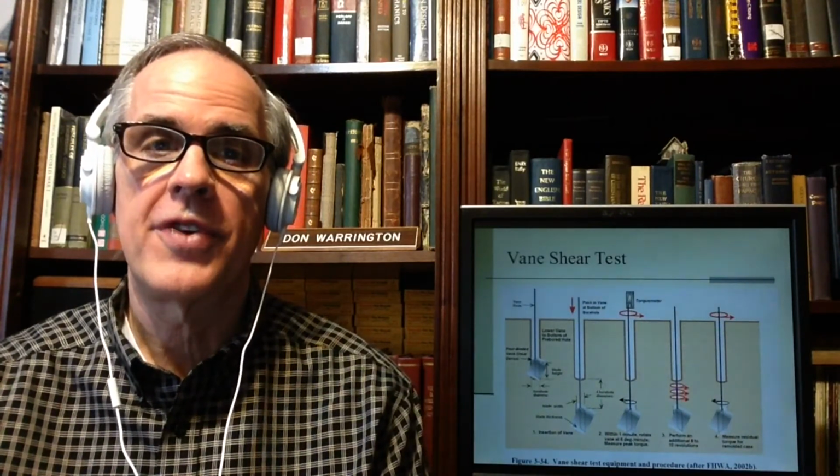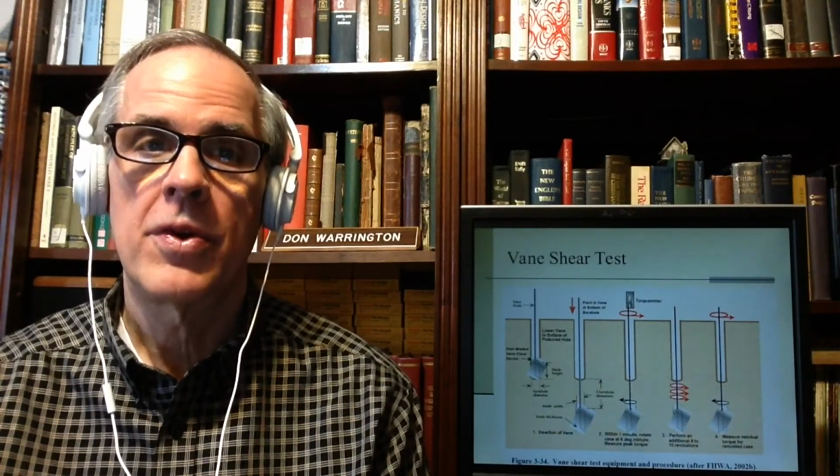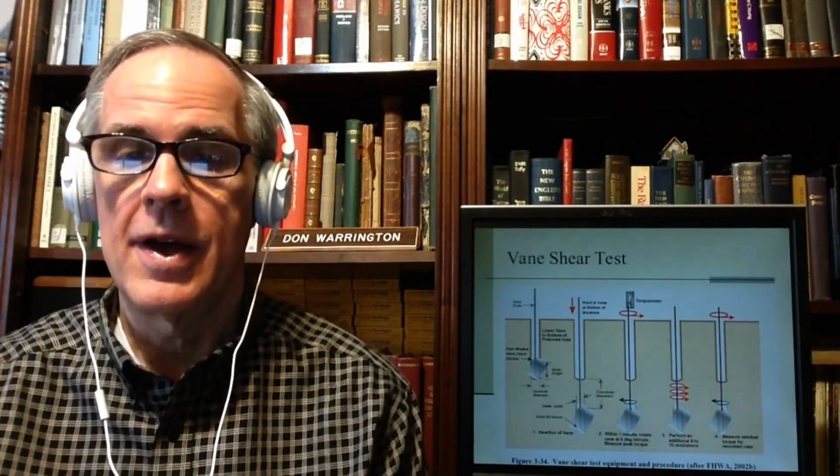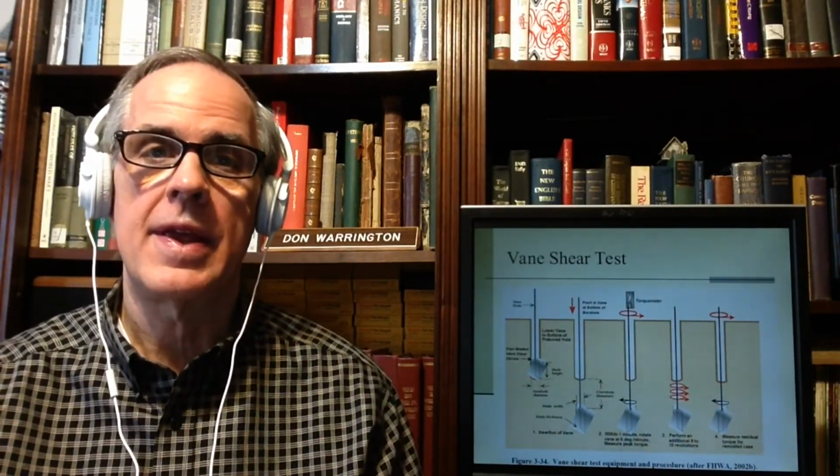With cohesive soils, finding out the cohesion is not always the simplest. We're going to talk about this later on. The vane shear test, I'm going to come back to this.